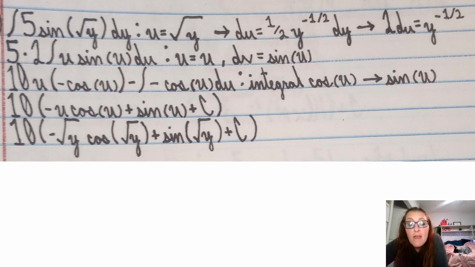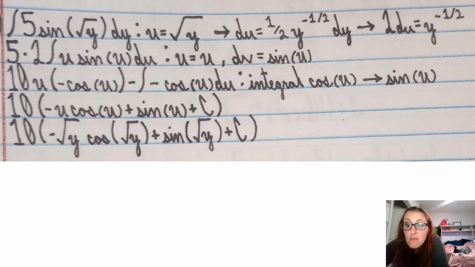Integral 5 sine square root y dy. Let u equal square root y, which gives us du equals 1/2 y to the negative 1/2 dy, which gives us 2 du equals y to the negative 1/2 dy. 5 times 2 integral u sine u du. u equals u, dv equals sine u. 10u times negative cosine u minus integral negative cosine u du.